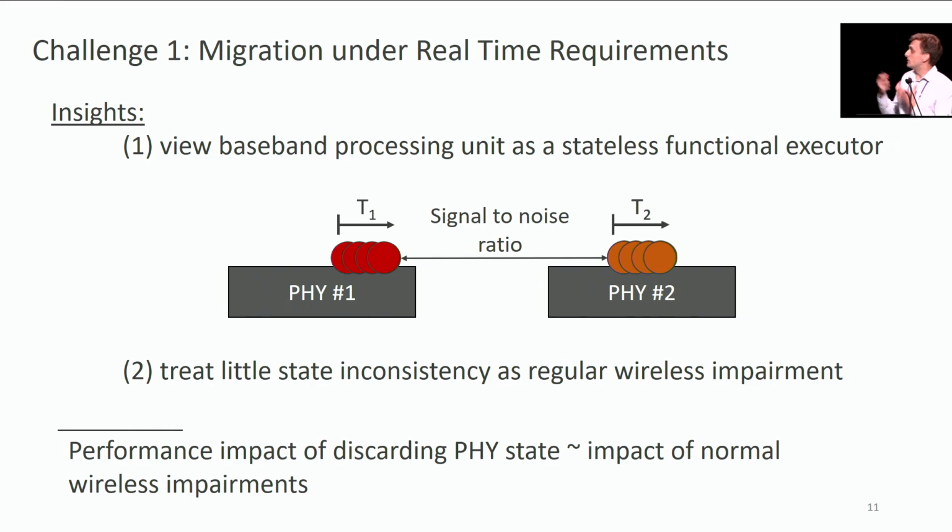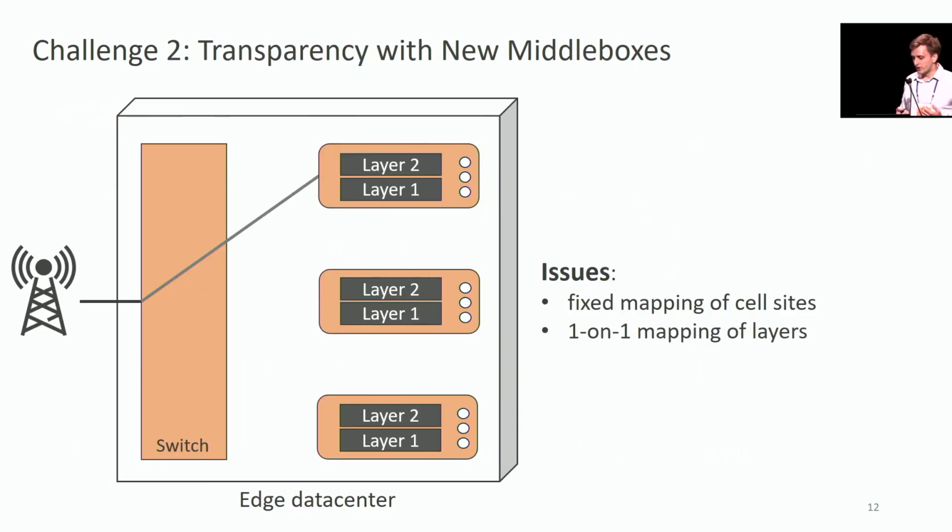So we can discard the state, and it won't impact performance of the network beyond regular environments. The conclusion is that we can reduce complex migration with state transfer to stateless rerouting of connections with the PHY. However, implementing this rerouting is still challenging.